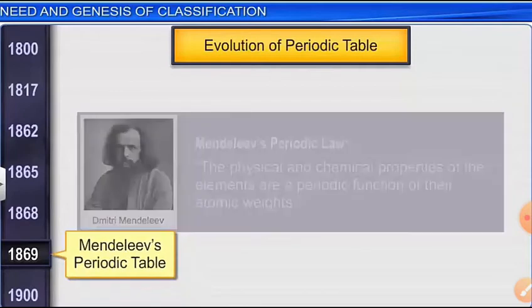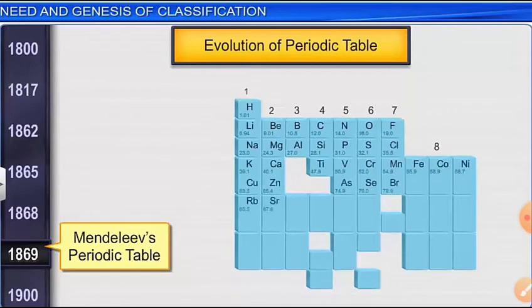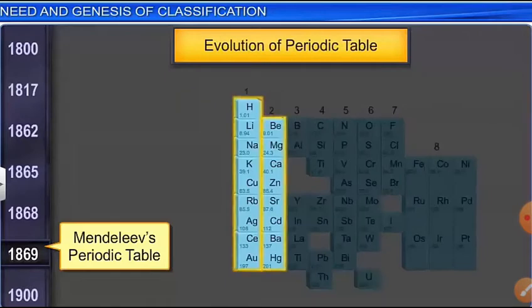So as the atomic weight changes, the physical and chemical properties will also change, and after a regular interval we will have an element having similar physical and chemical properties. He gave a table known as Mendeleev's periodic table, in which we have groups and columns.